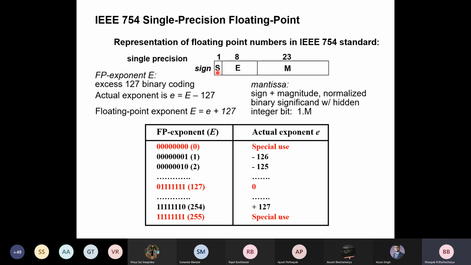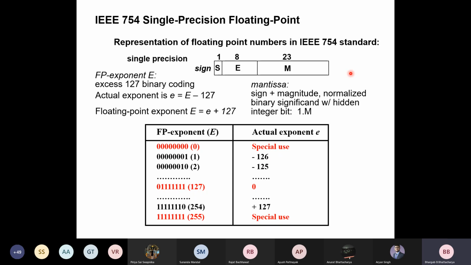Okay. Now how do I represent 0 here? See, all the time you have this 1.m, right? So how do I represent the number 0? If we put all mantissa bits to 0, fine. But then I know that when it is restored, it should be 1.m, that means 1.0. Then the overall number is not 0, right?